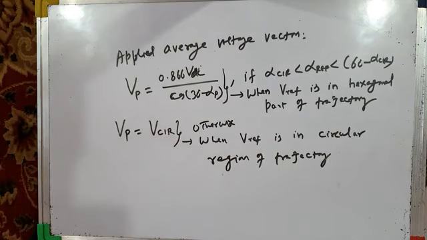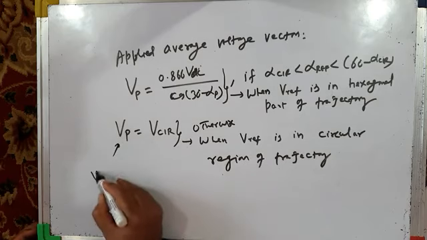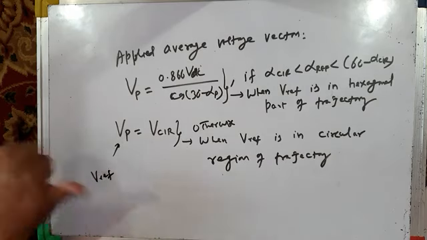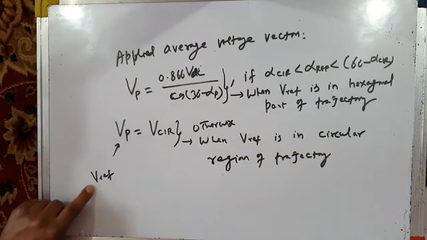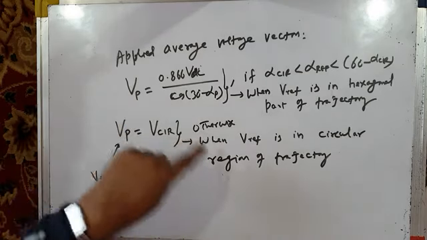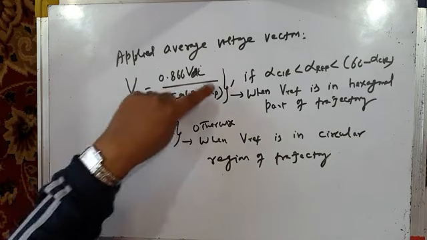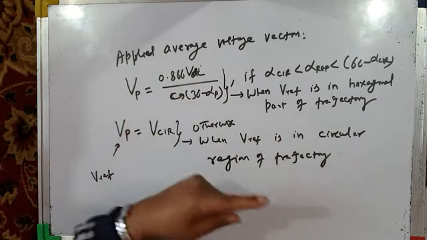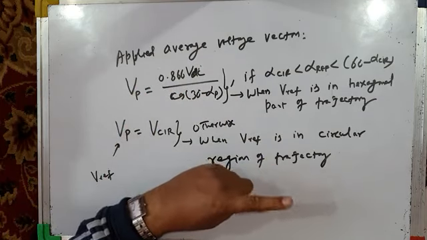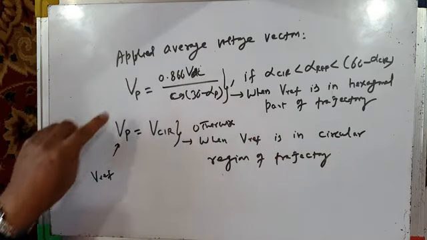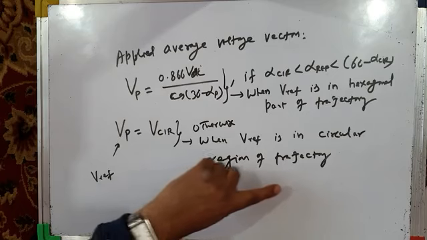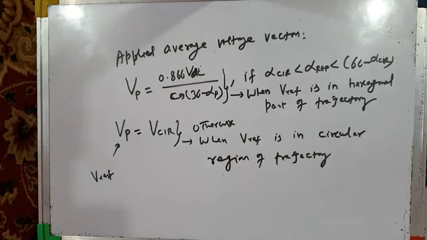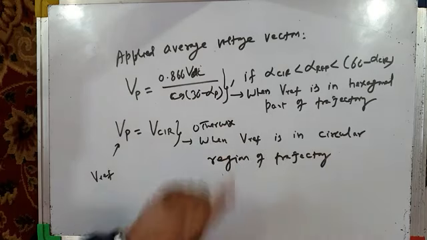And what about dwell times? How do we find dwell time? Now this Vp is nothing but Vref. In conventional space vector PWM, I mean when we are not discussing overmodulation, it is written as Vref. So Vref, the rotating reference vector, is given either by this formula if it is moving along the hexagonal trajectory, or by this V circular if its trajectory is circular.